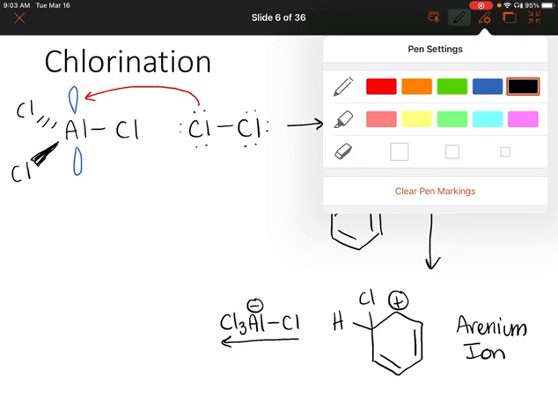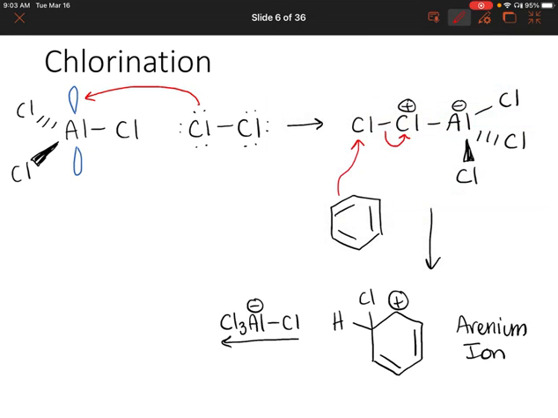And then our catalyst still has that extra chlorine on the end, and that's going to act as our base and grab onto a hydrogen. We'll leave behind electrons there and reform our aromatic benzene ring.